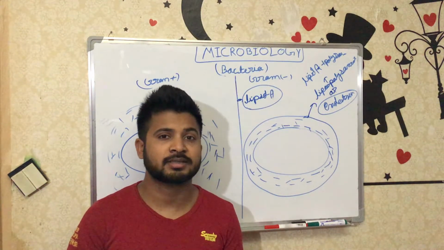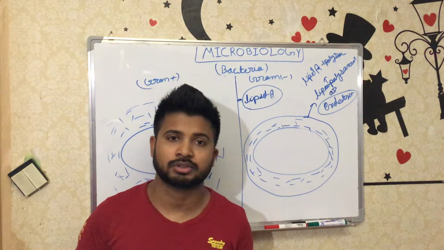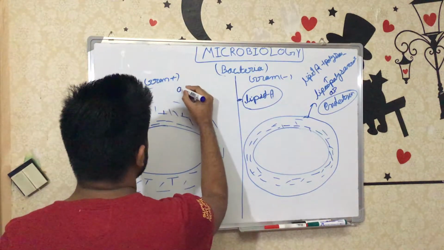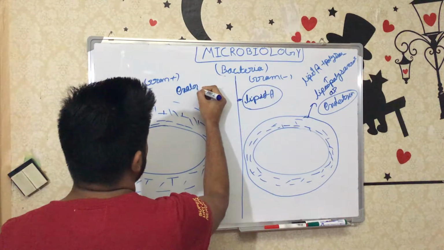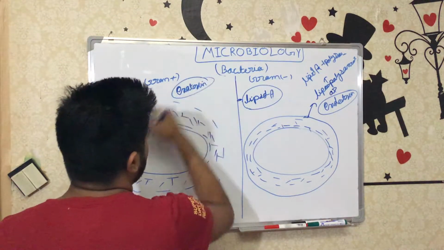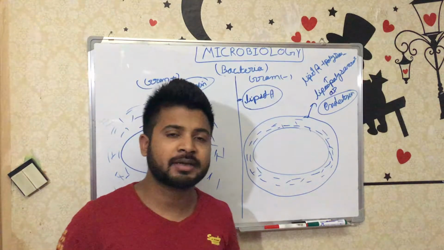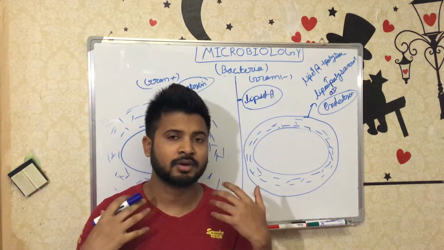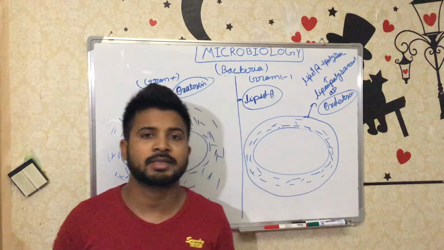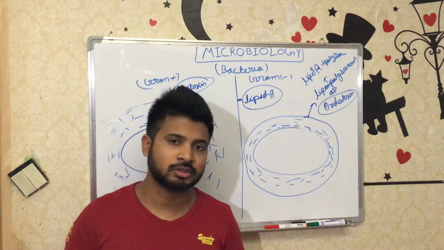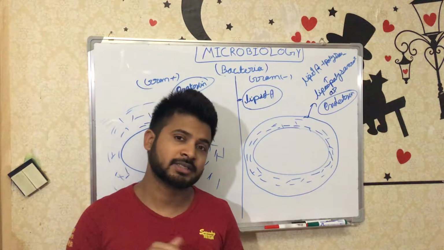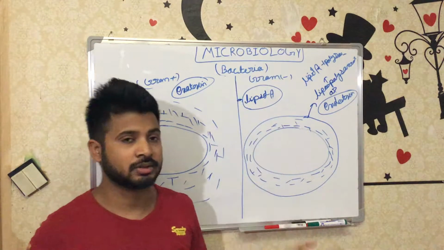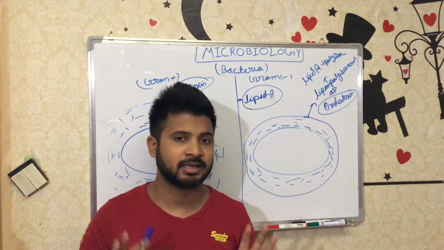But in a gram positive bacteria the toxin is the exotoxin. Exotoxin may be produced by gram negative bacteria as well as gram positive bacteria. So if you see exotoxin, it can be gram negative or gram positive. But if you see endotoxin, it's absolutely a gram negative bacteria. That is very important to know.